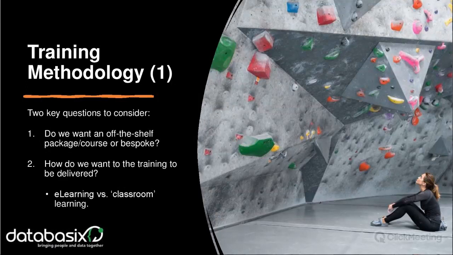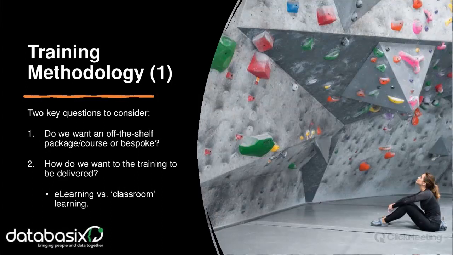So do you want an off the shelf training package? Or is the organization that you work for very specific, with a very specific set of data that you're handling, a very specific way of working, so that for you, bespoke training is the way to go? Off the shelf is going to be cheaper than bespoke, but you need to make that decision. Which way are you going to go?